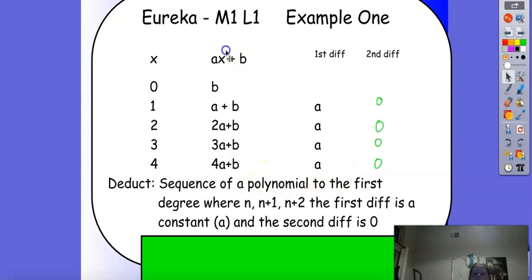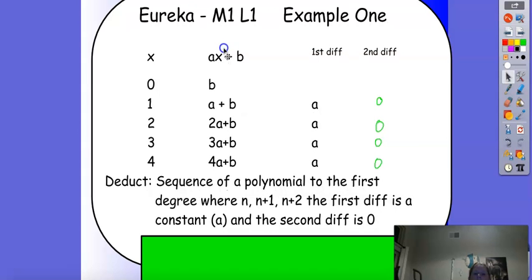So remember, first degree, this is a 1. The power is to 1. An understood 1 right there. We're in n plus 1, n plus 2. So I'm going 0, 1, 2, 3, 4. The first difference is A, a constant, and the second difference is 0.